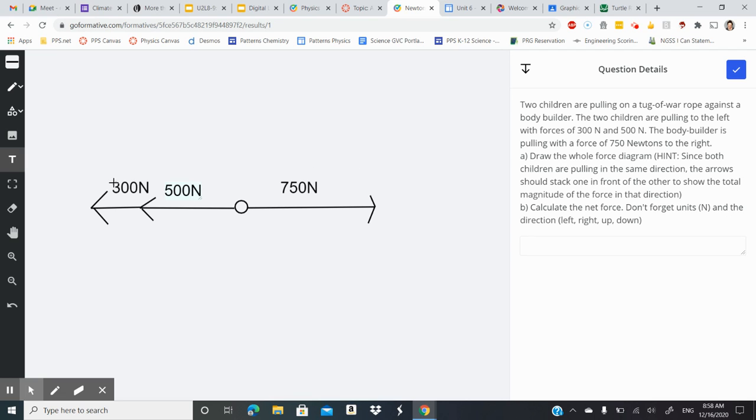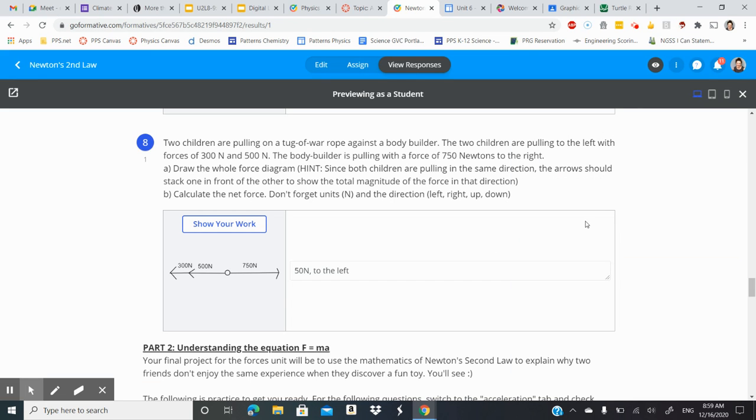Okay. So 300 plus 500 equals 800 minus 750 is 50 newtons to the left. All right, so those kids together are stronger than that bodybuilder, which might not be totally realistic. Oopsies. All right, so that's questions 6 through 8.